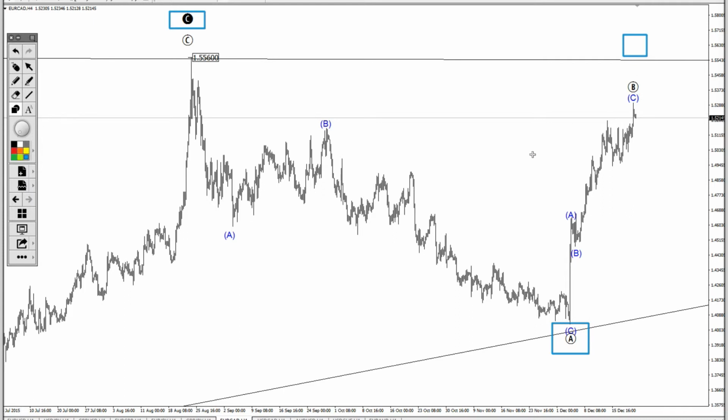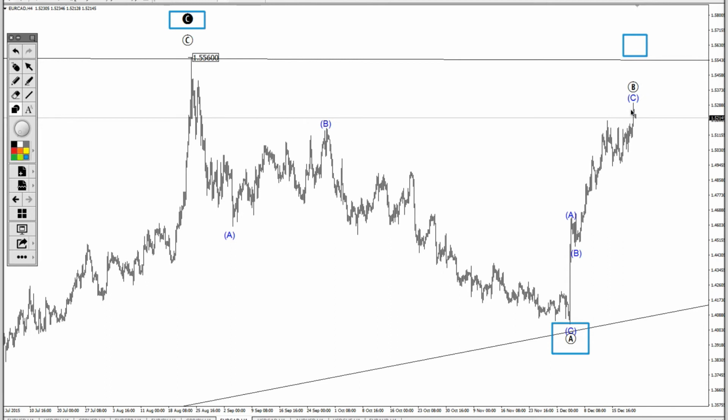So quite interesting developments on the euro pairs. So there might be an extended strength in euro. We might see more euro strength in the coming days and weeks, and we might be needing a revision on a few pairs. So let's see how these pairs develop.